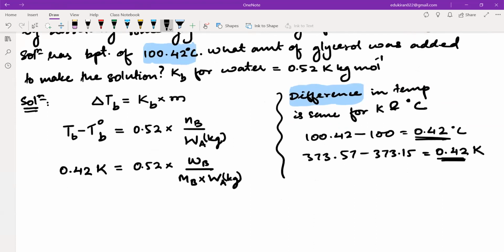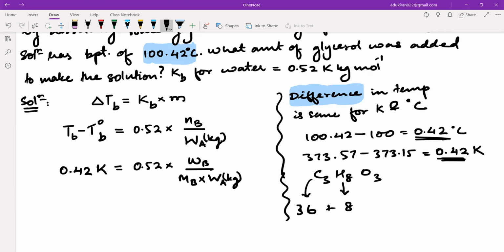Now you also have to calculate the molar mass of glycerol, C3H8O3. So C3 means how much? 36.